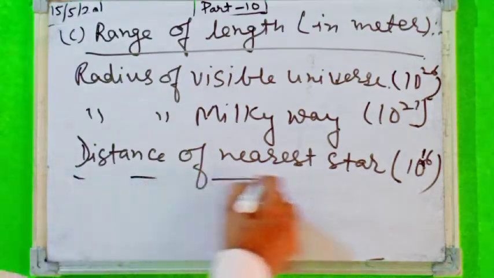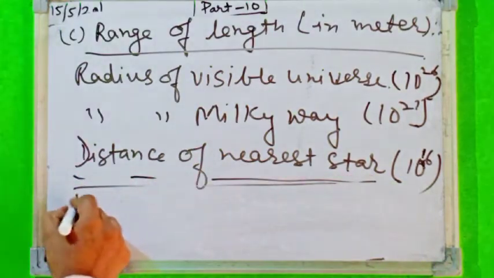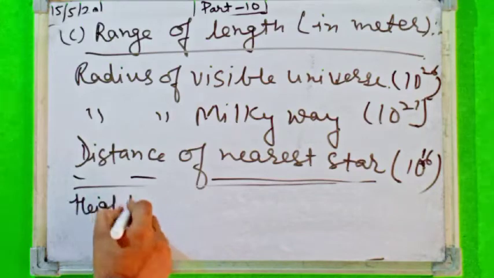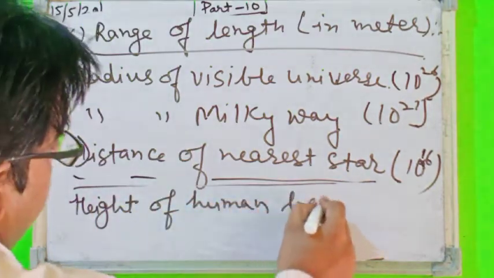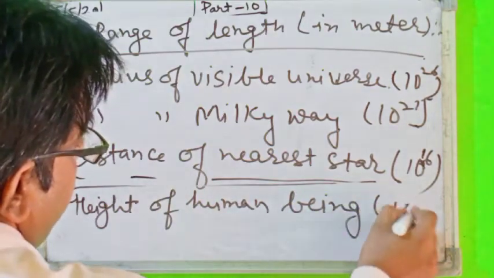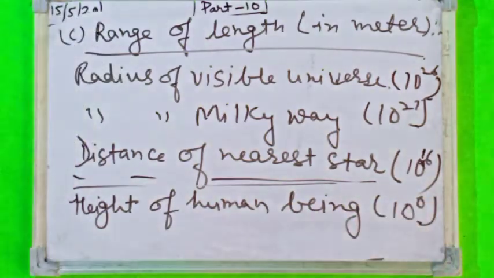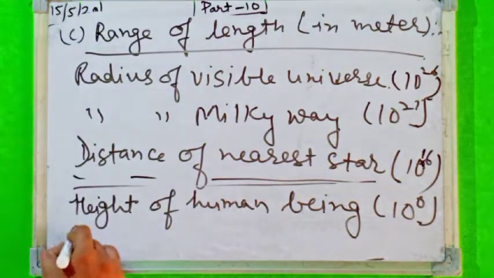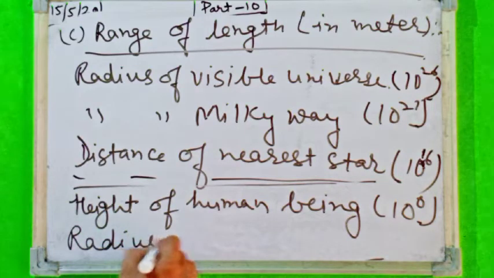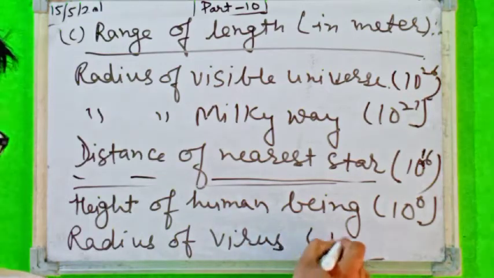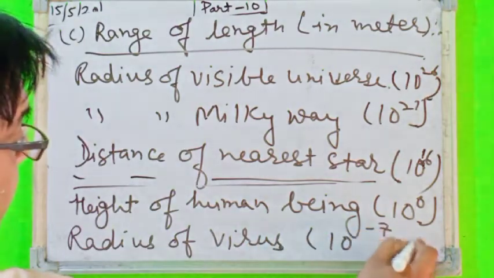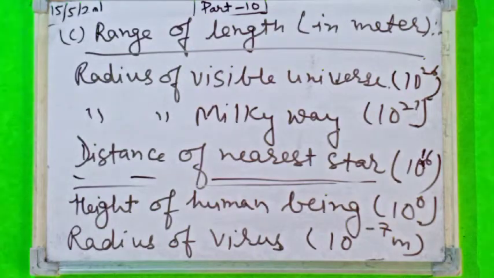Height of human being, various things are in between this, is 10 to the power 0. Radius of virus, 10 to the power minus 7. These are orders of size.